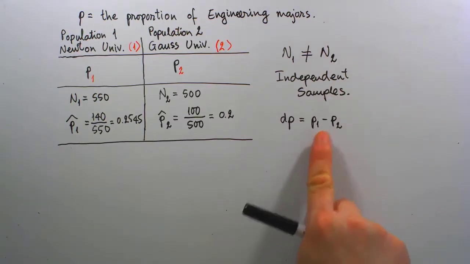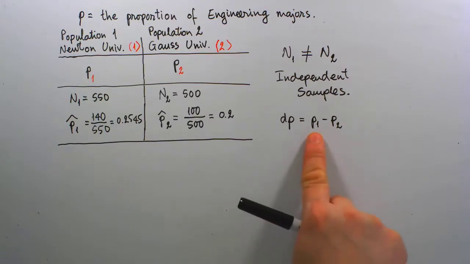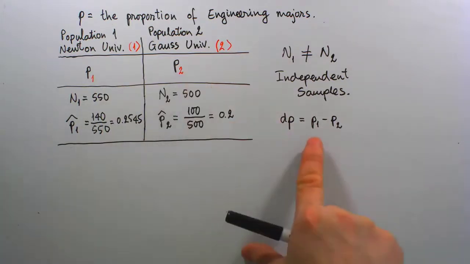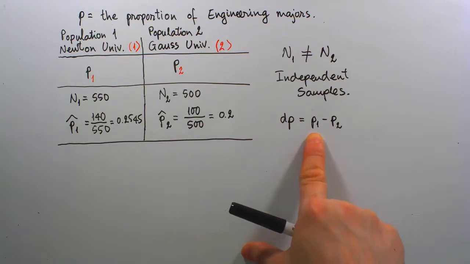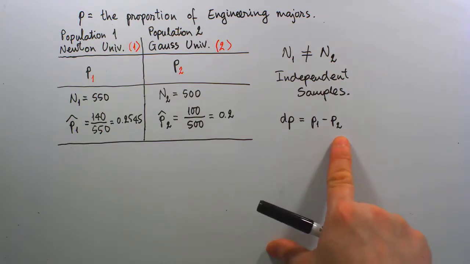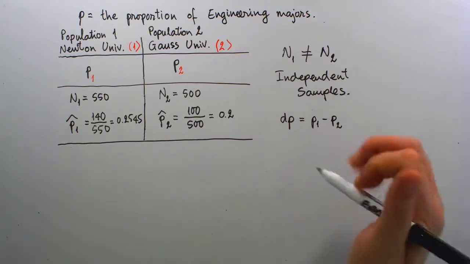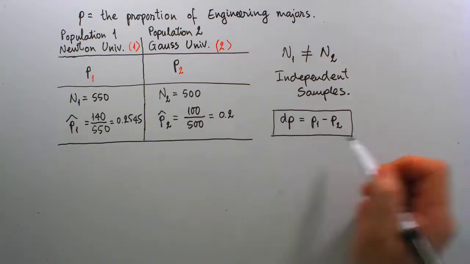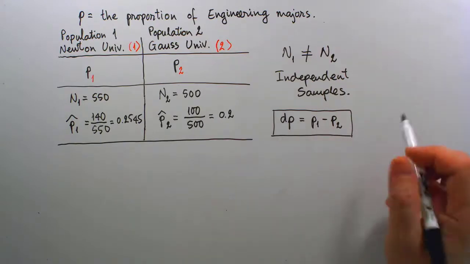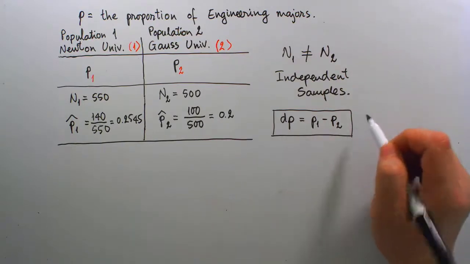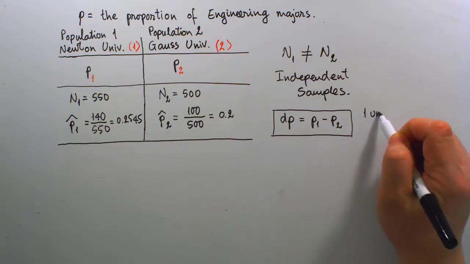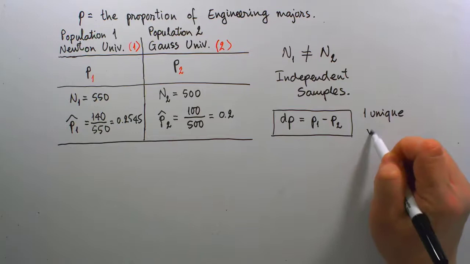And as I said, permanently means this difference is always the value from population 1 minus the value from population 2, for whoever takes the role of p1 and whoever else takes the role of p2. So this is the difference in the two population proportions. And as a reminder, this value has only one unique value.